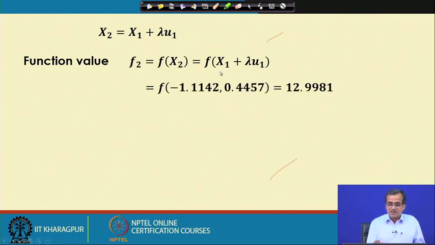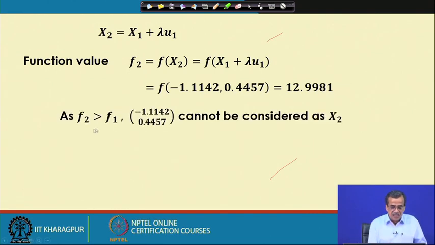Now, if I substitute the value of x 1, that is nothing but 0 0, and lambda I have already taken as a fixed value, and u 1 is the search direction I have already calculated. Now, I will be getting f of minus 1.1142 comma 0.4457, and I will be getting this particular value of the objective function.